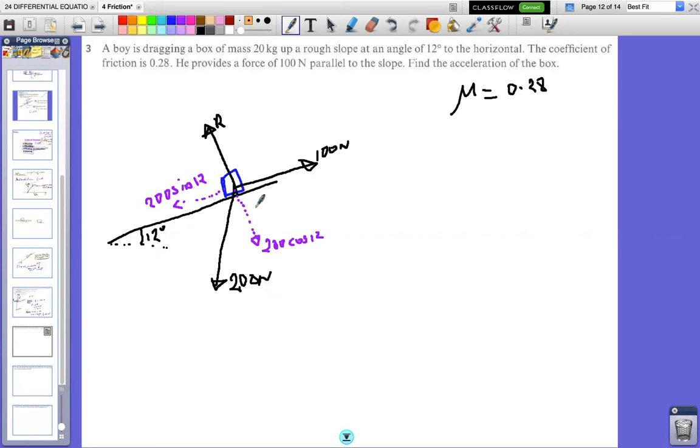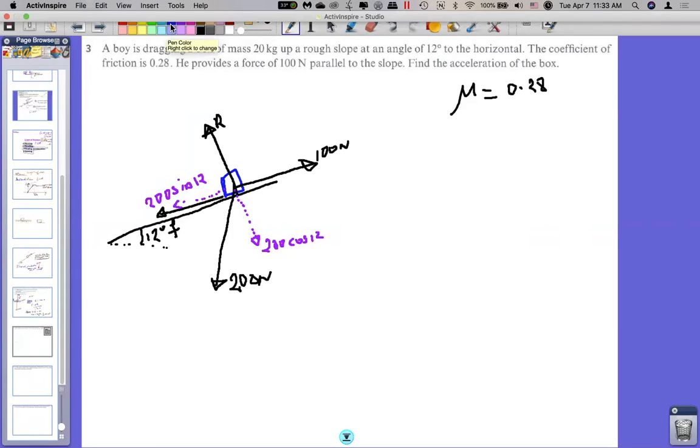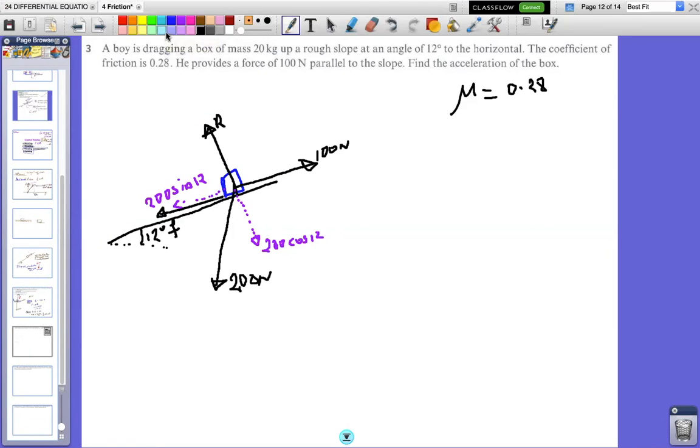But there is another force we didn't include. There is going to be a frictional force, F, like that too. So the problem is half solved now.